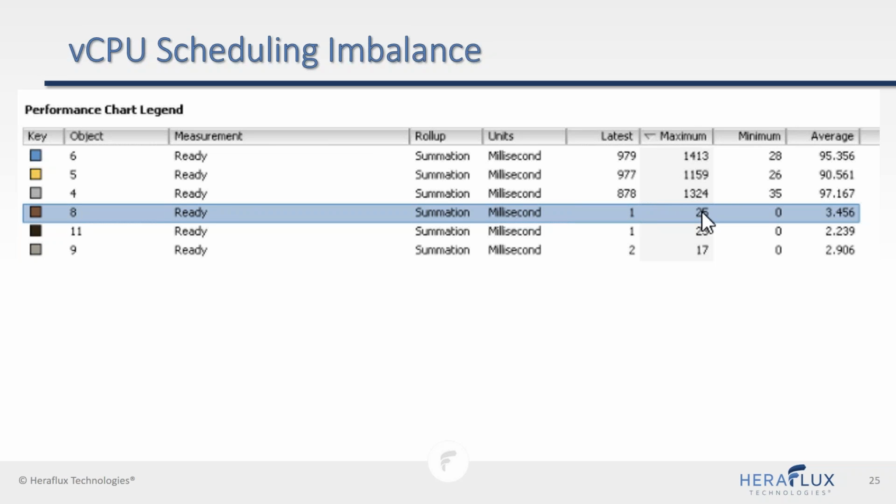So if you notice, the latencies here, 979, 977, 878, 1, 1, 2. Half of the vCPUs in that VM were hitting essentially a 10% performance penalty. The other half were basically real time, no delays.